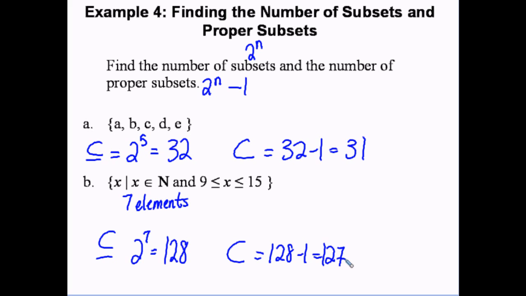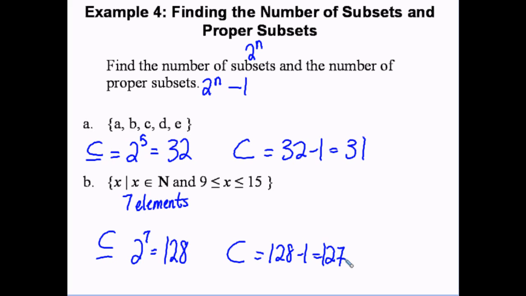Okay, not too bad. It's far better to do this math than to take the 9 through 15, write them down, and find all the possible subsets. You have to find 128 of them. And there's only 7 numbers in there.